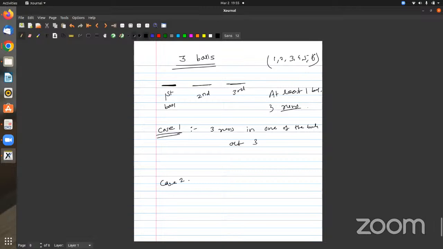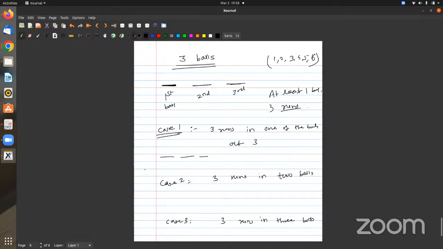Case 2 will be he will score 3 runs in 2 balls out of 3, right? And the third case will be he will score 3 runs in 3 balls. Okay.